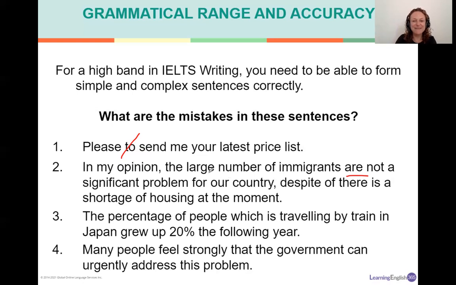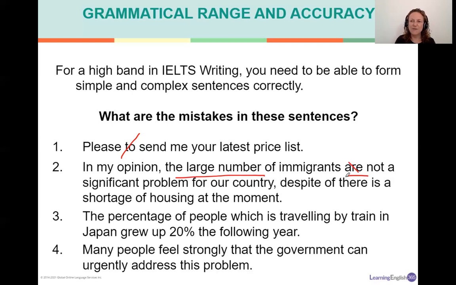You will know it's because we need to agree with the large number, and that is a singular concept. The agreement is not with immigrants, which is correct as a plural, a large number of immigrants, but we need to agree with the whole concept, and that is singular, a large number. So it shouldn't be are, it should be is.